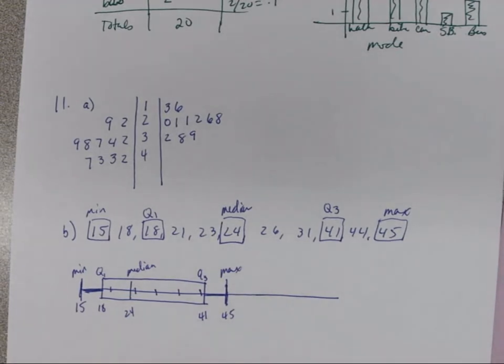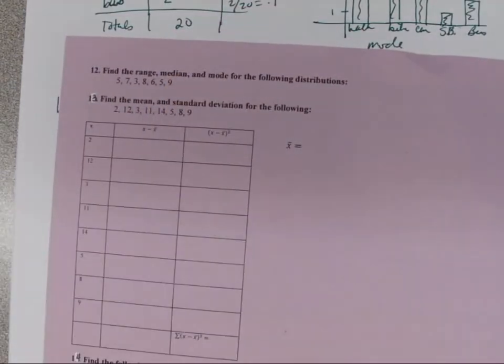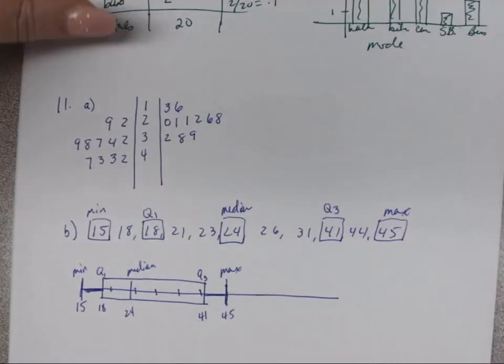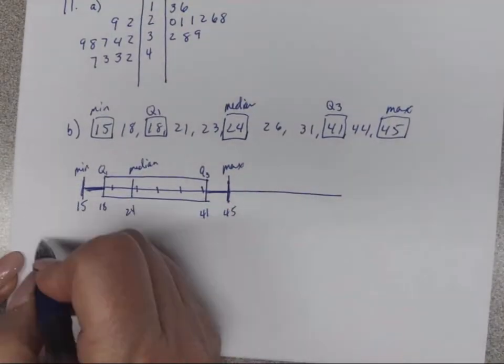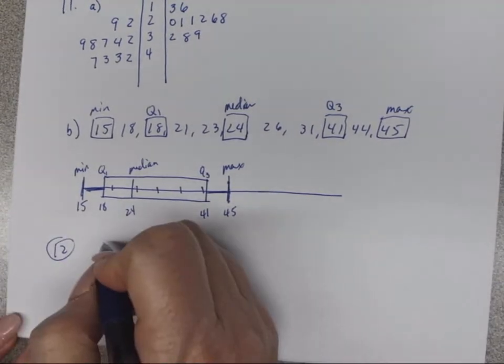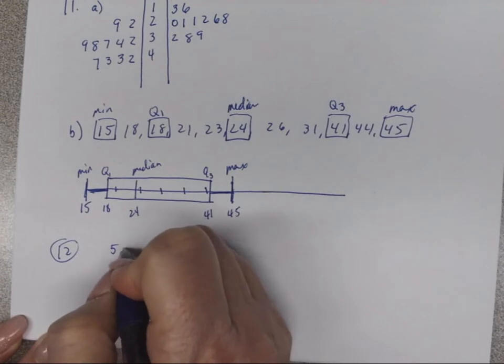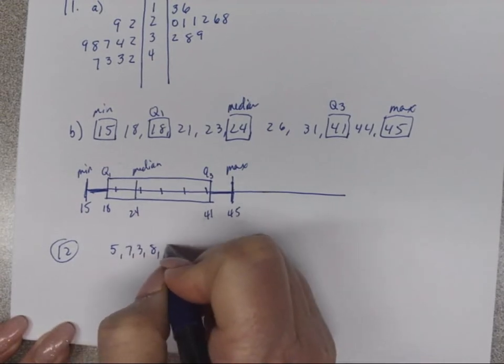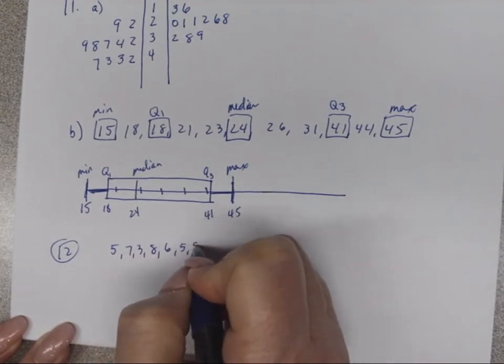All righty. Next problem we are going to look at is the range, the median, and the mode for the following distributions. So let's look at number 12. For 12, we're looking at the numbers 5, 7, 3, 8, 6, 5, and 9.